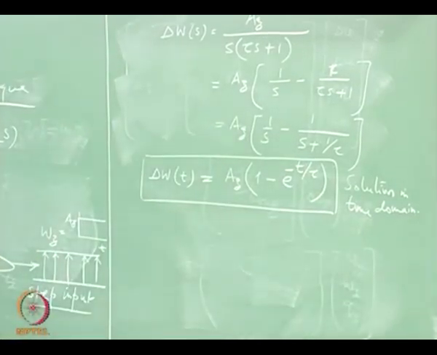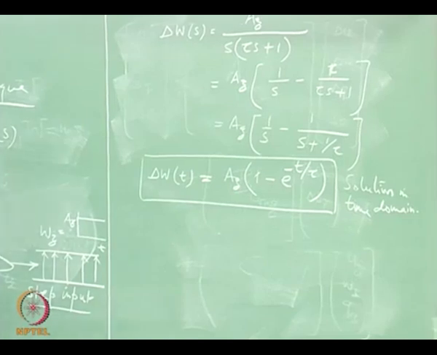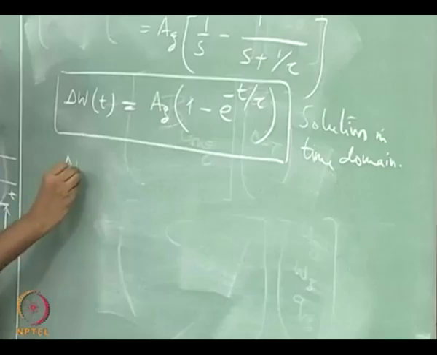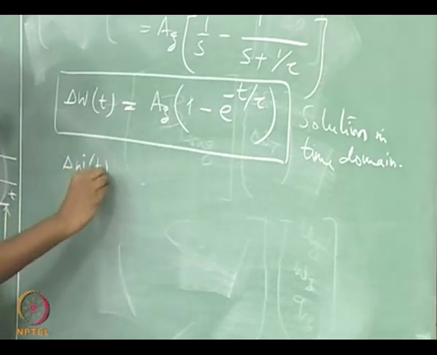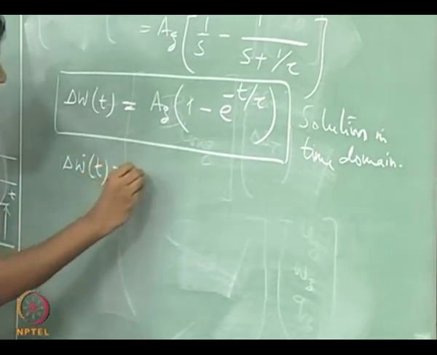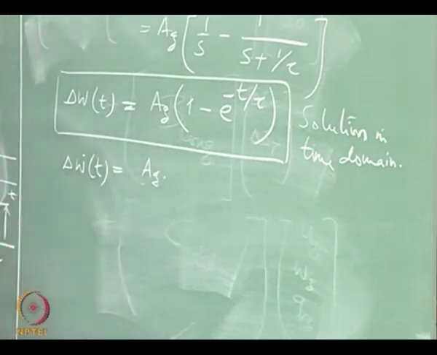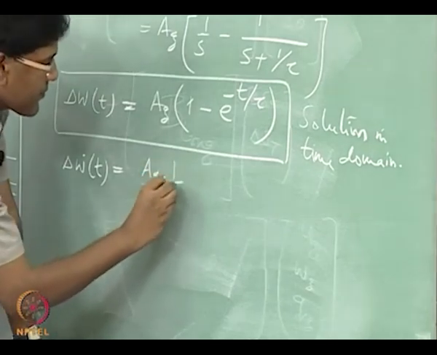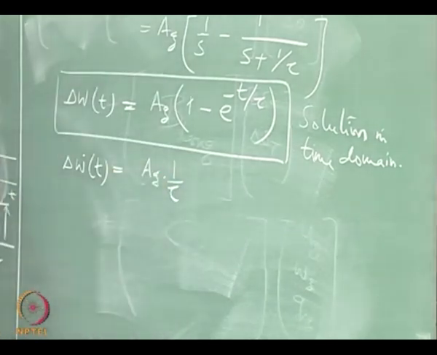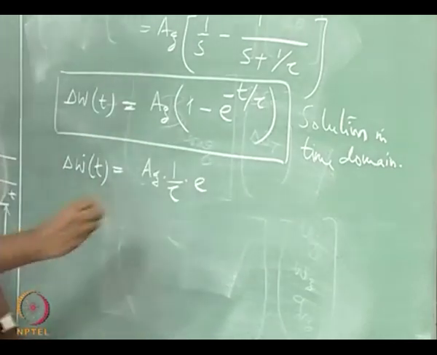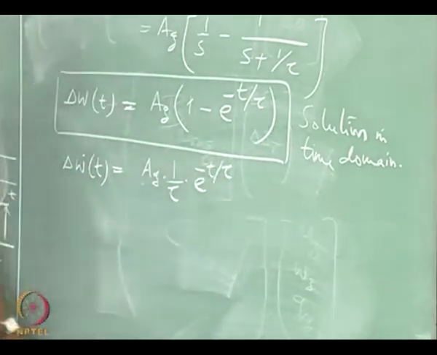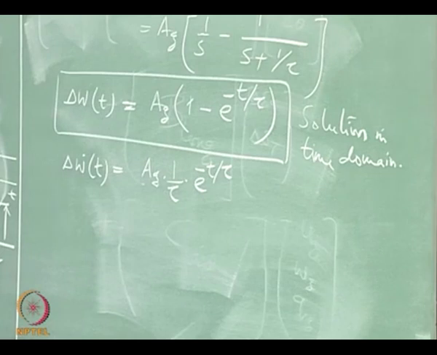You can also calculate the normal acceleration from this by integrating it or differentiating it with respect to time, and that is going to be the normal acceleration of the aircraft because of the gust.